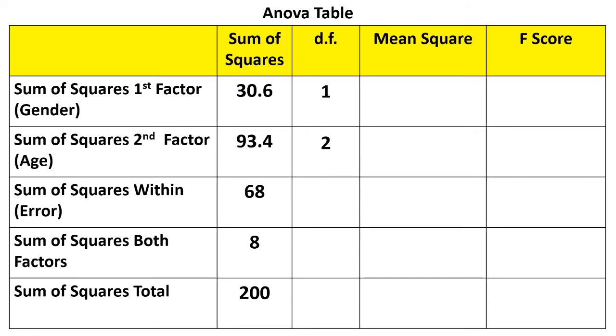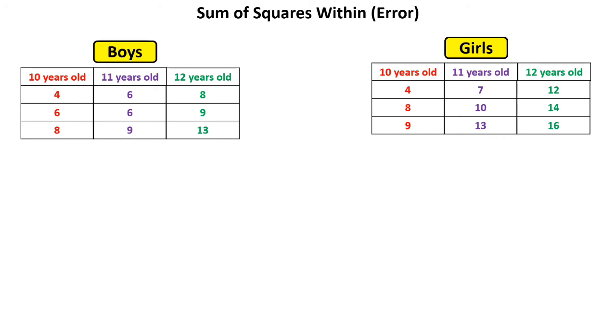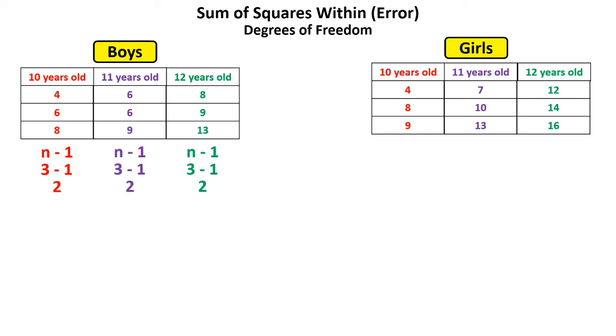Now, let's calculate the degrees of freedom for the sum of squares within. Let's bring back these tables and take the number of observations for each age group. So, n minus 1, which is 3 minus 1, and that is equal to 2. Then, I'll do that for each age group because they all have 3 observations.